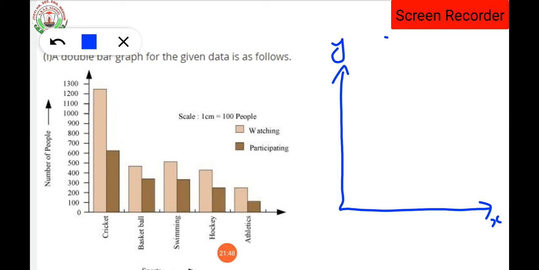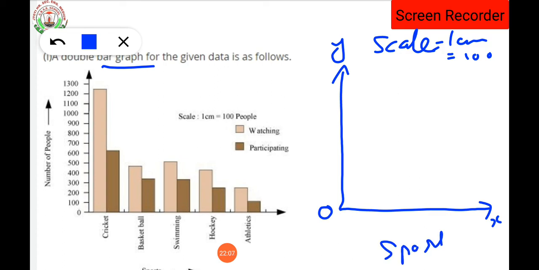Then on the top you have to write the scale, that is 1 centimeter equals how many people? 100 people, isn't it? Since here it is a double bar graph, you have to use both the data. So first here, the sports names will be there. This side on the y-axis, the number of people.